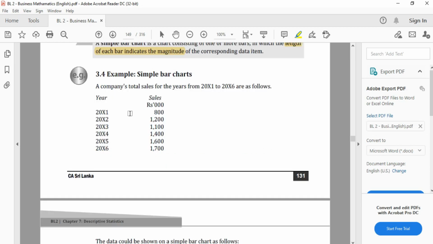Looking at example 3.4, a company's total sales for the years from 2001 to 2006 are as follows.